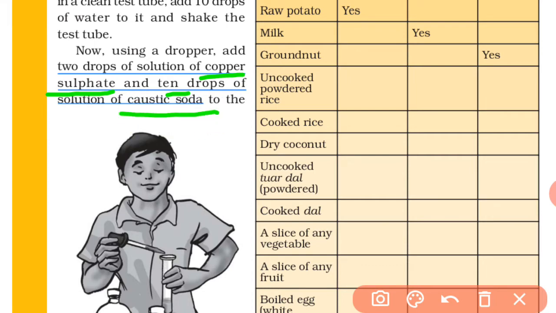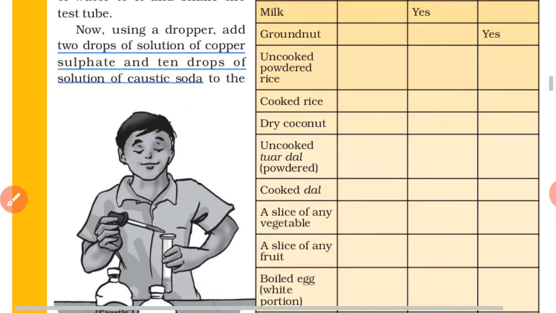Caustic soda is the general name, and the chemical name of caustic soda is sodium hydroxide. So if somewhere sodium hydroxide is written instead of caustic soda, don't be confused, they are both the same.